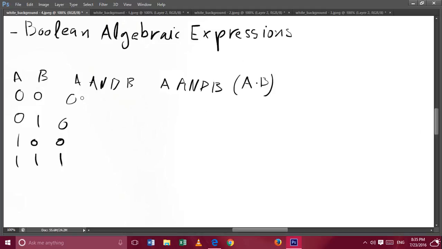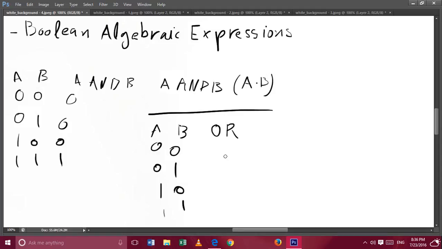Now again, let's say this is A and this is B: 0, 0, 0, 1, 1, 0, 1, 1. So OR would be like this: 0, 1, 1, 1, because with an OR gate you get 1 if you have 1 in any of the inputs, right?